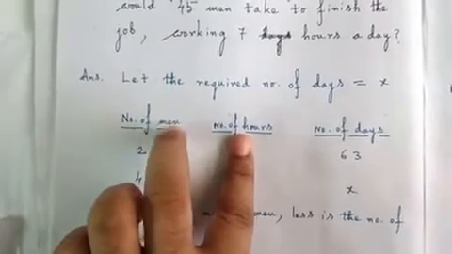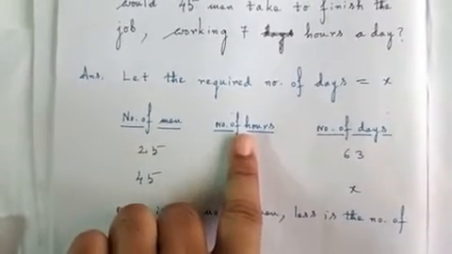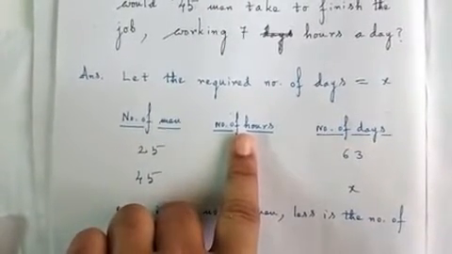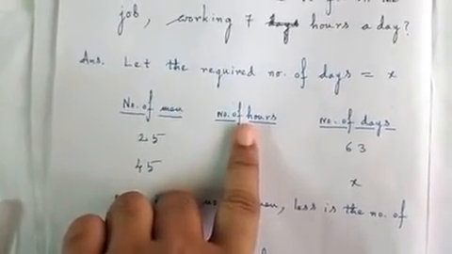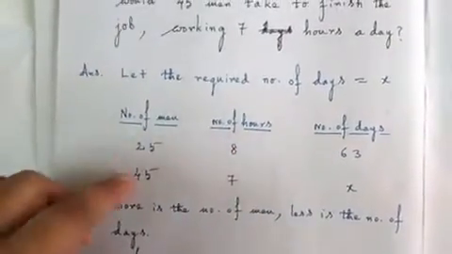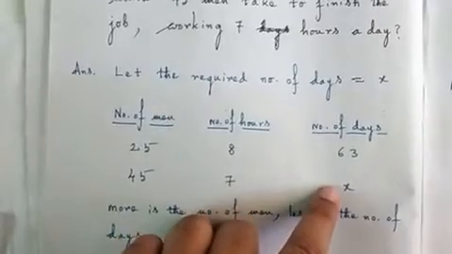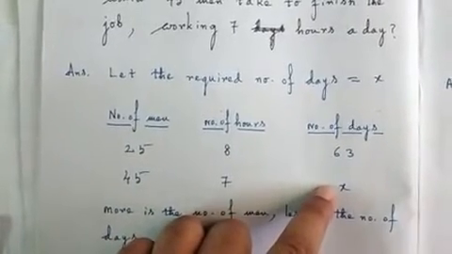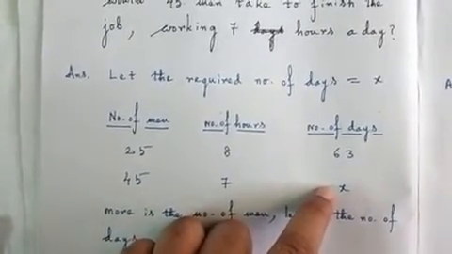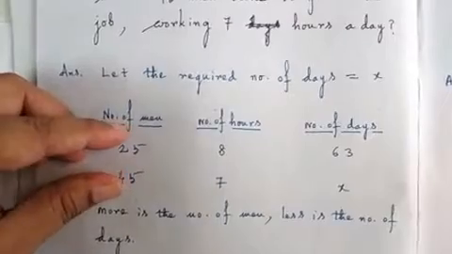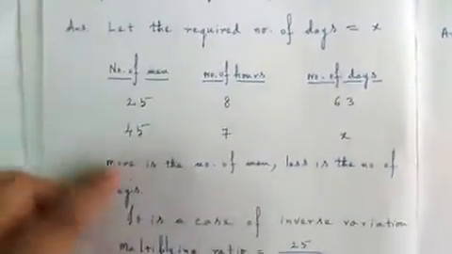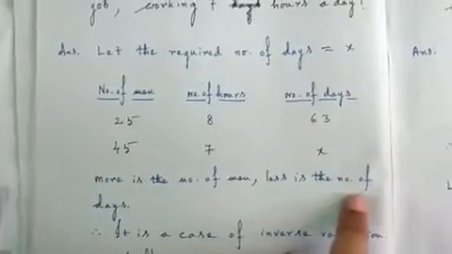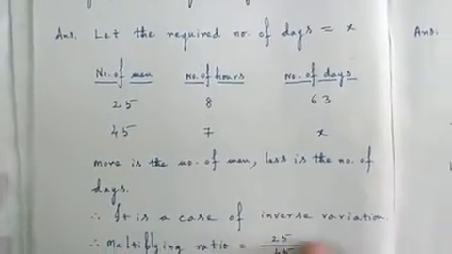But 45 men, more men, taking 1 hour a day, would complete the job in fewer days. So this is increasing, but this is decreasing. So it's a case of inverse variation, and the multiplying ratio will come from here. Inverse means 25 by 45. So more is the number of men, less is the number of days.